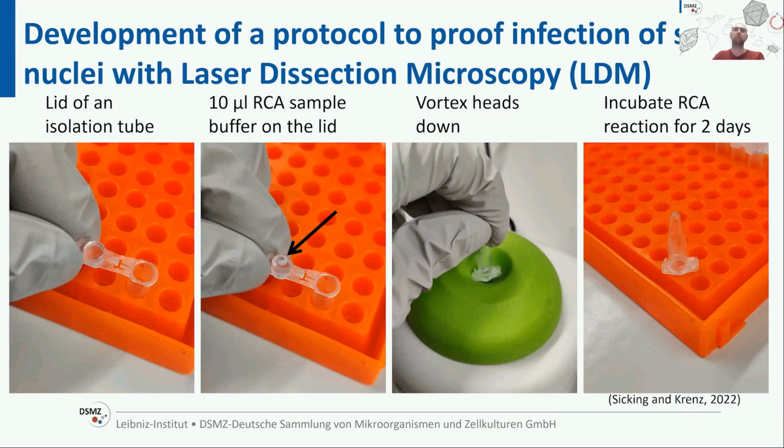In the next step, we vortex the sample upside down to release the sample from the surface of the collection tube. And then we can go for either incubating the RCA reaction at room temperature, or perform the qPCR analysis directly in the thermocycler.